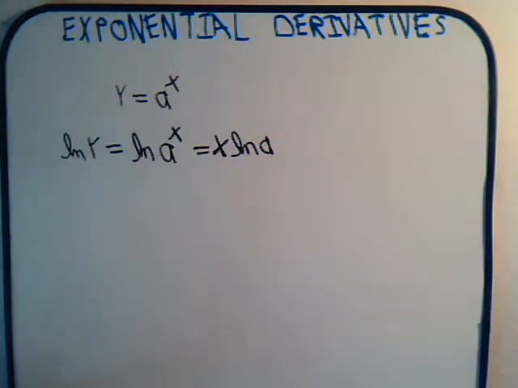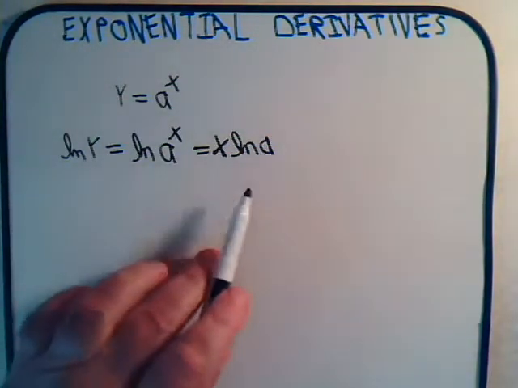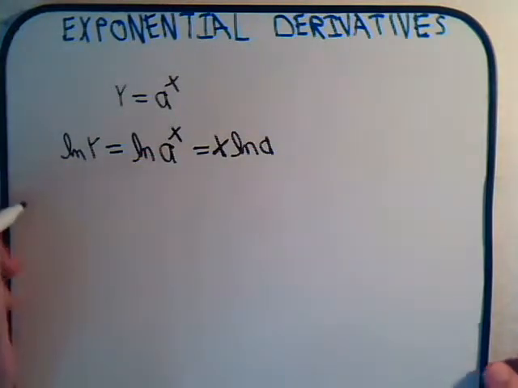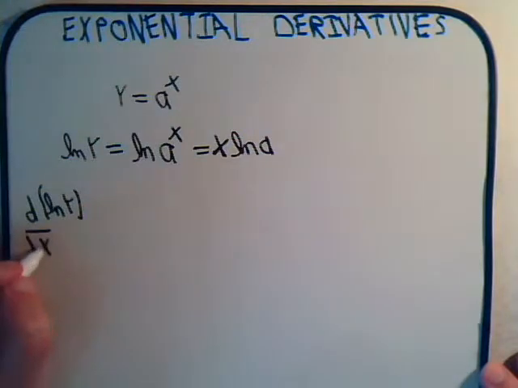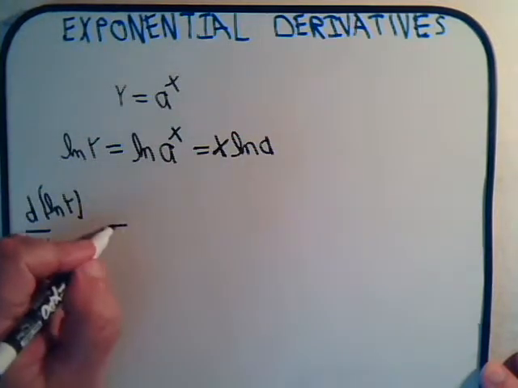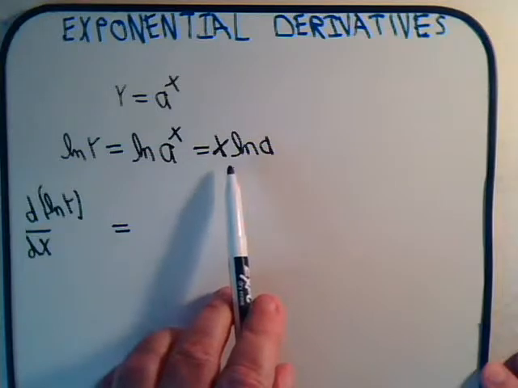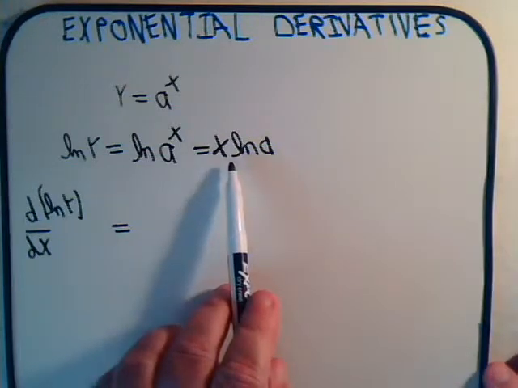Now, let's take the derivative of both sides of this equation here with respect to x. So we would write the derivative of the natural log of y with respect to x, that will equal, now let's take the derivative of this side of the equation.